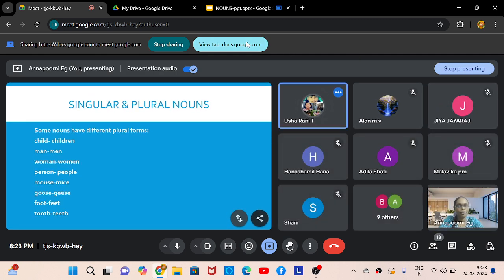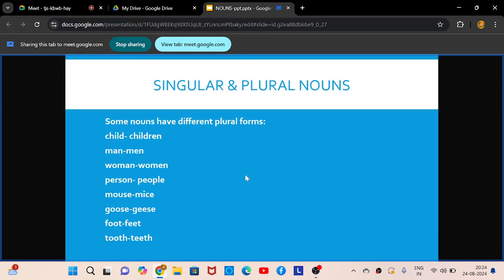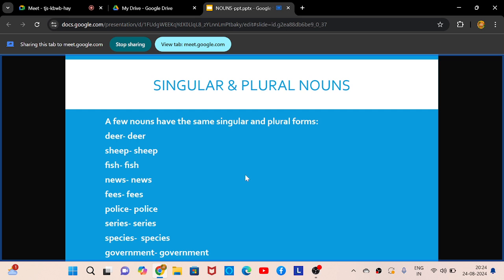Goose is actually a kind of bird similar to a chicken. Okay, fine.